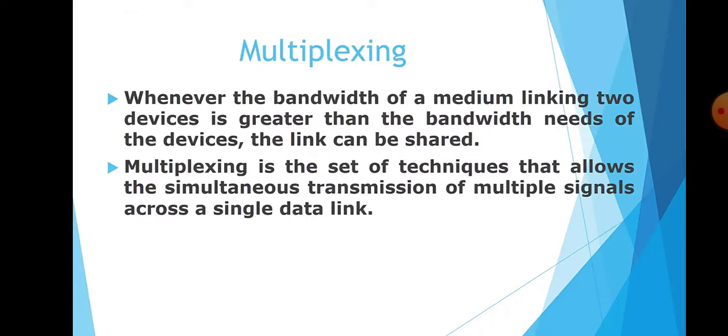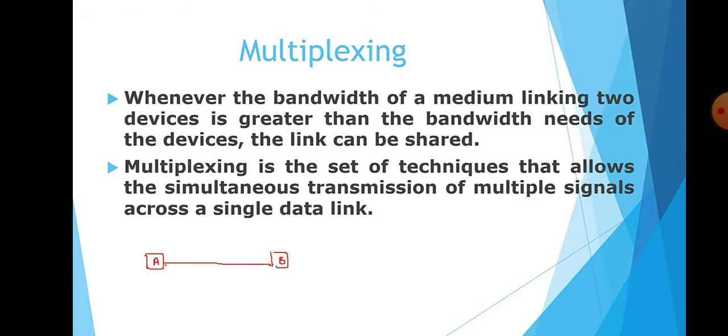We'll consider the definition of multiplexing. For example, if you are having two devices like device A and device B, there is a link between device A and device B in order to communicate with each other.